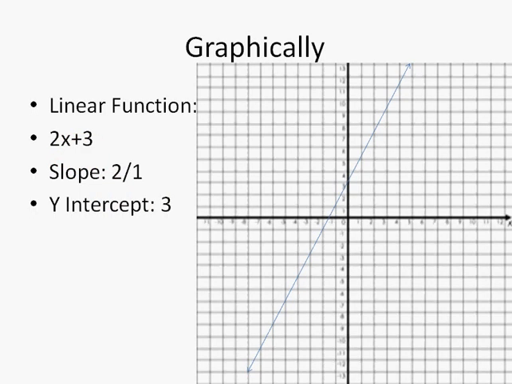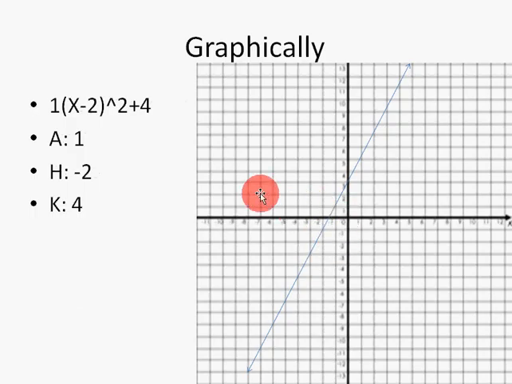So on a graph, this is what the linear function would look like. You see the y-intercept right here at 3, and then it moves up 2 and over 1, up 2 and over 1, up 2 and over 1, and then it moves down 2 and over 1, because that's the opposite.